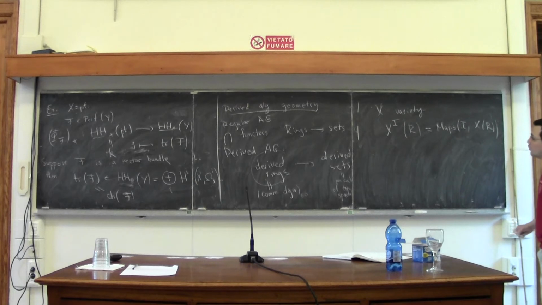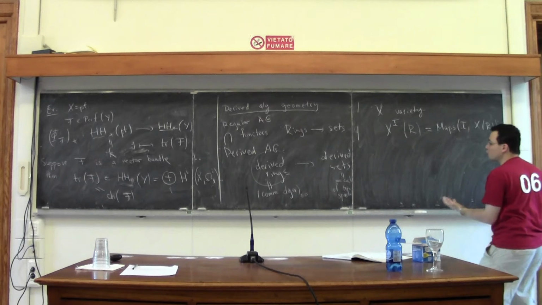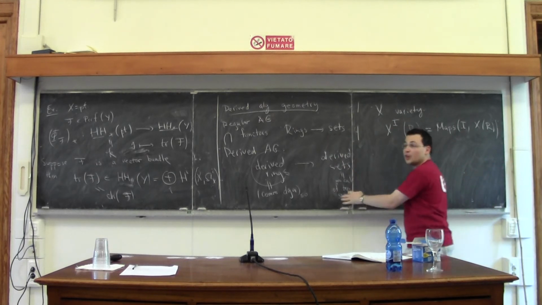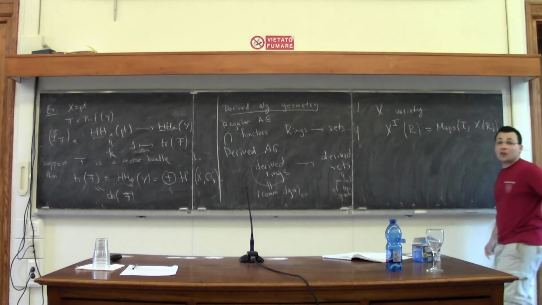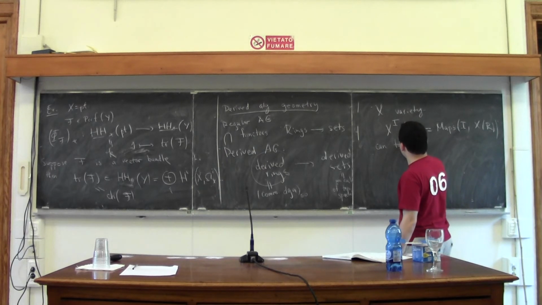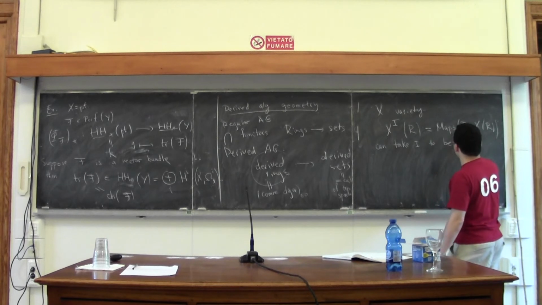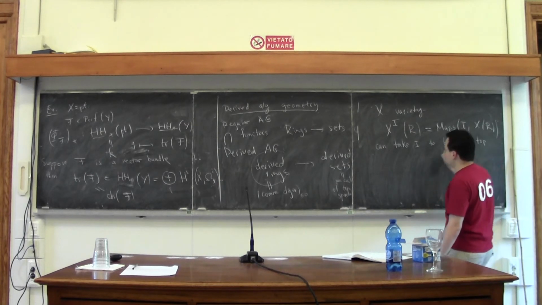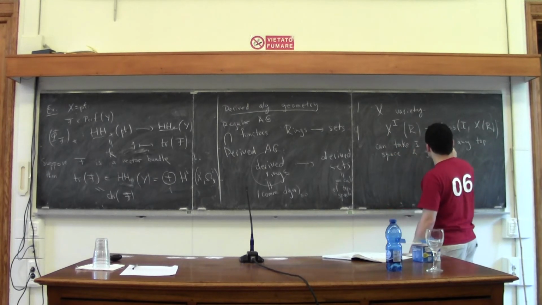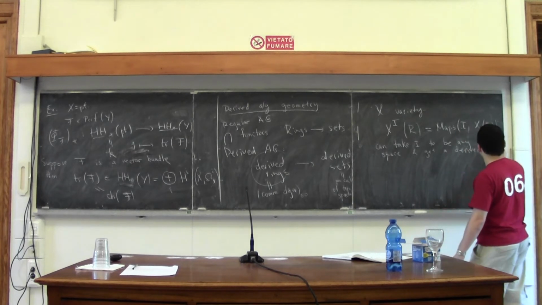in X(R). So in the derived world, you notice that you can generalize this construction because now, because X(R) is no longer a set, it's a topological space, you can take I to be any topological space. So if you take I to be any topological space and get a derived scheme, whatever that is.